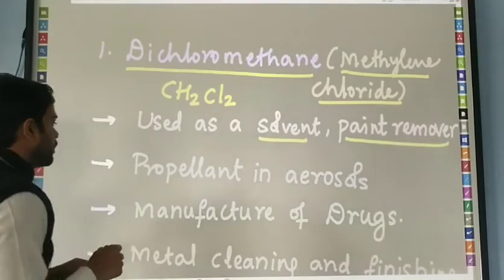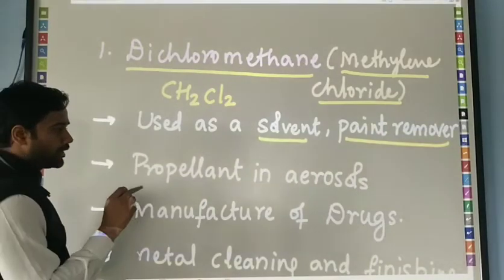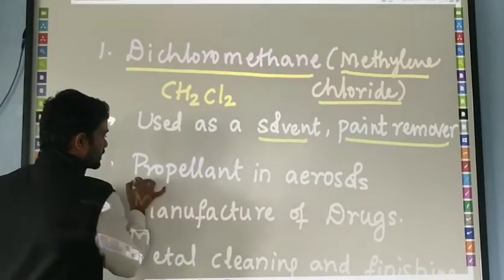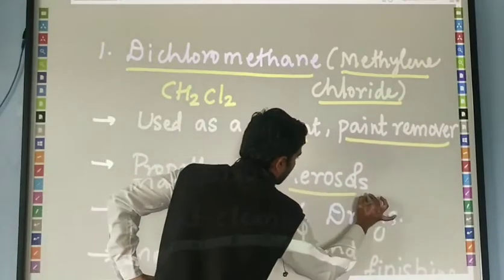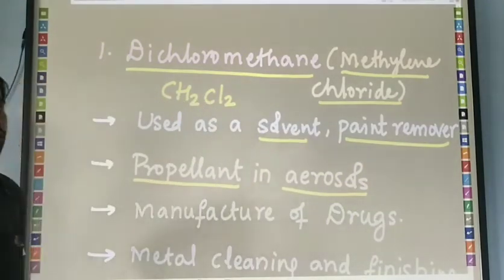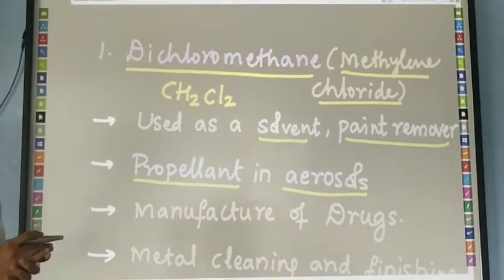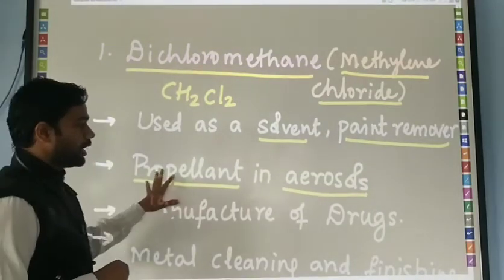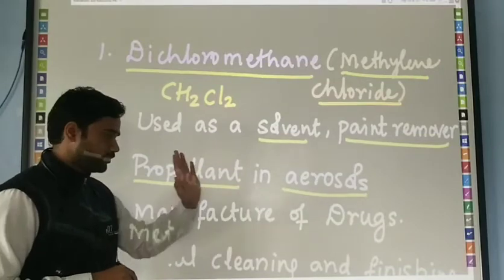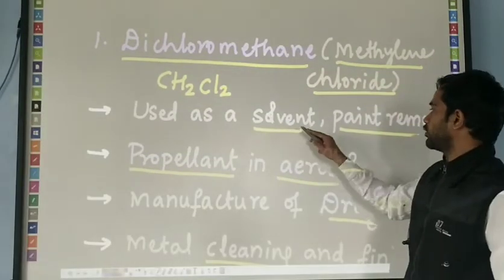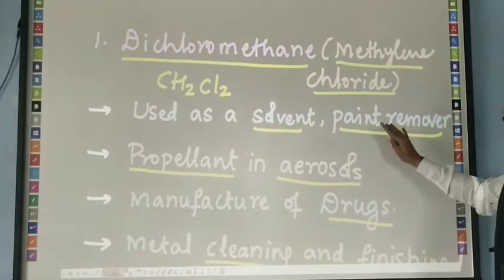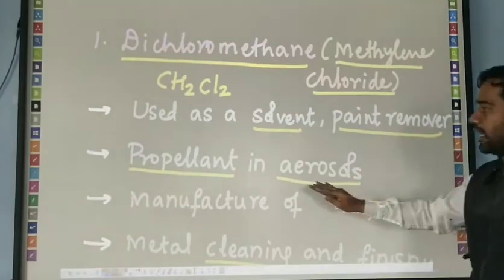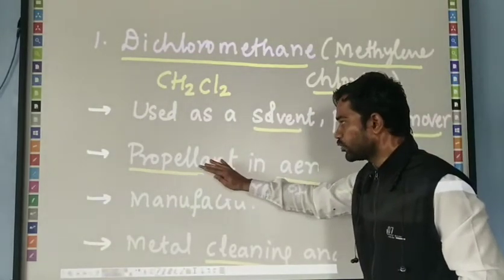Next, dichloromethane is also used as a propellant in aerosols, such as aerosol propellant cans used in fire extinguishers.